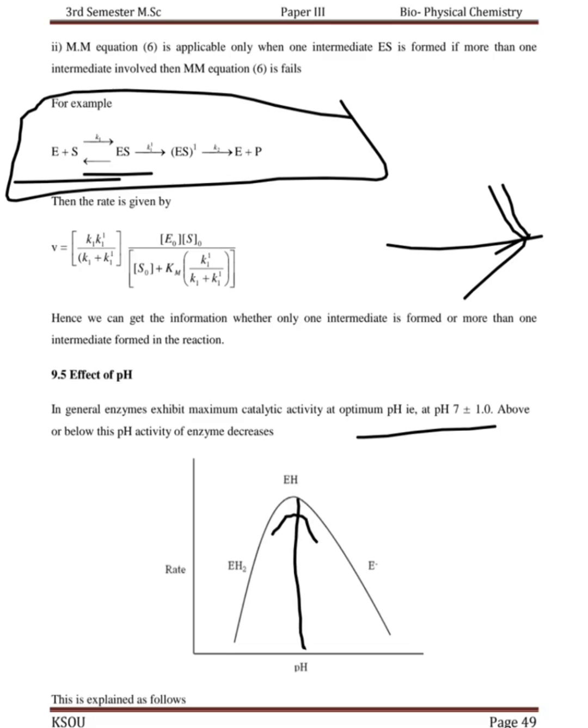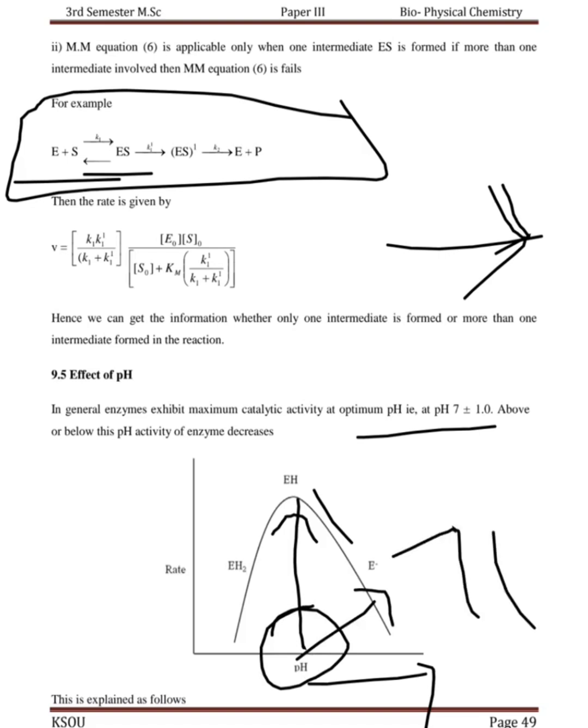The rate of reaction will increase up to a certain point and decrease with further increase in pH. Generally the optimum pH will be around 7 plus or minus, so the pH of the substrate should be around 6 to 8 for the reaction to take place. That is the effect of pH.